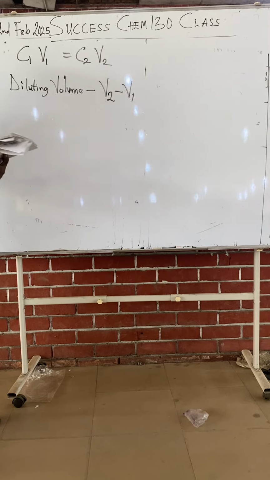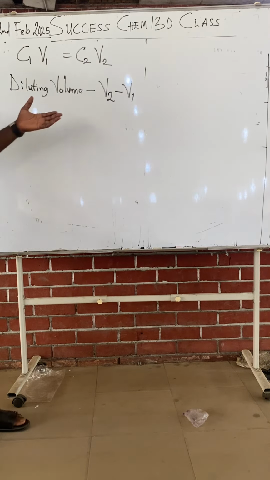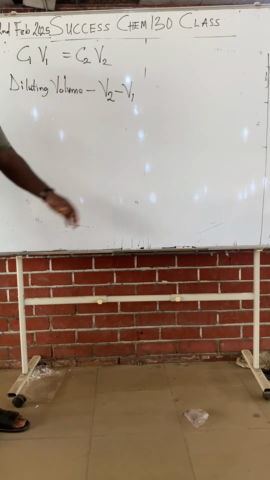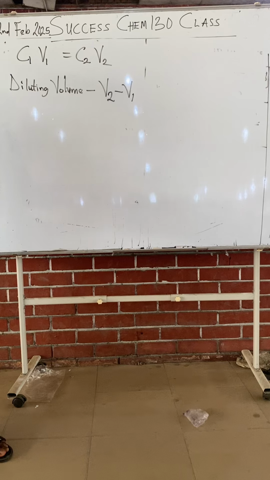Class. So diluting volume is the volume of water that's added to a solution. It is V2, the final volume, minus V1, the initial volume.